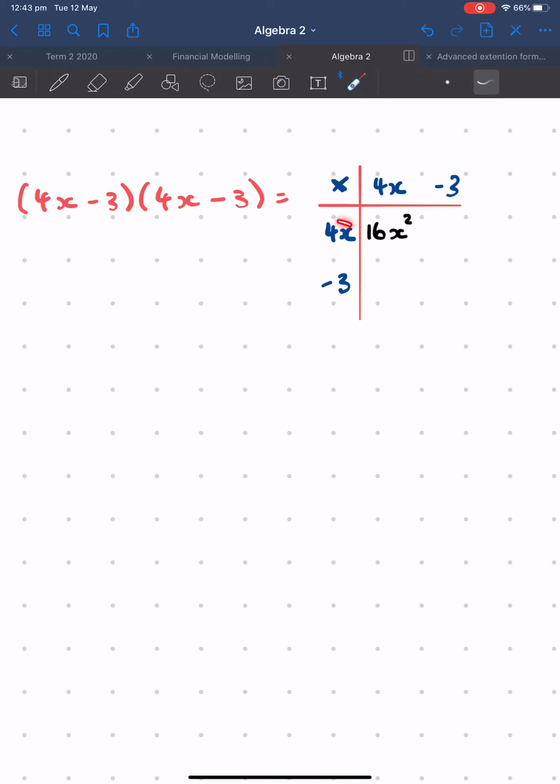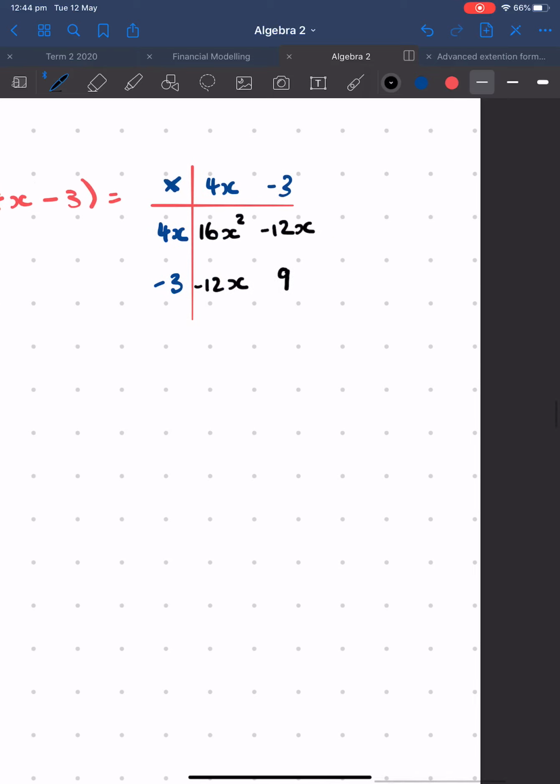So when we do 4x times negative 3 to fill that spot, you do the numbers first. So you've got negative 3 times 4, and then we've just got an x. Now you'll notice it's a different direction, but this is the same multiplication. That's always the case with perfect squares. Negative 12x, and finally negative 3 times negative 3 is going to be positive 9.